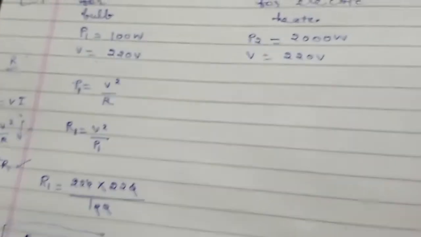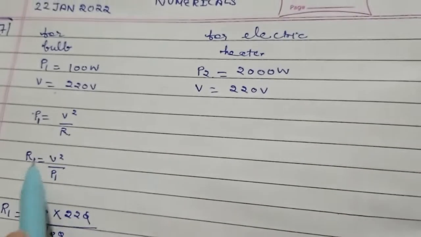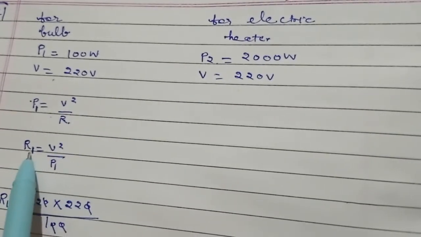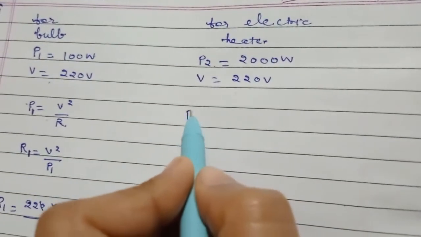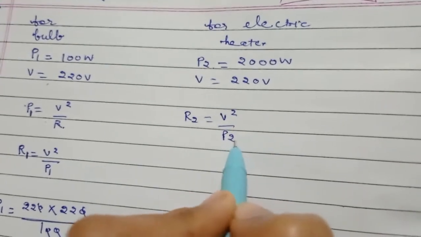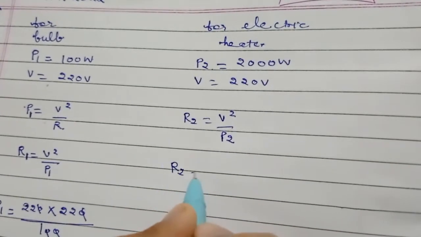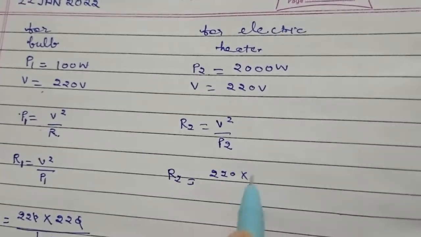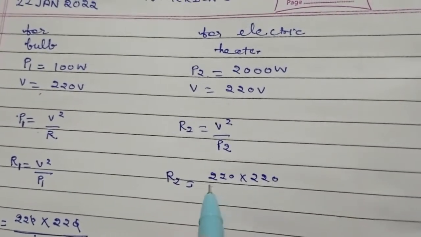It is the resistance of electric bulb. Okay. In the similar manner, we will calculate the resistance for electric heater. For electric heater, resistance is R2. So R2 is equal to V square over P2. R2 is equal to, what is the value of V? 220. 220 into 220 over P2.